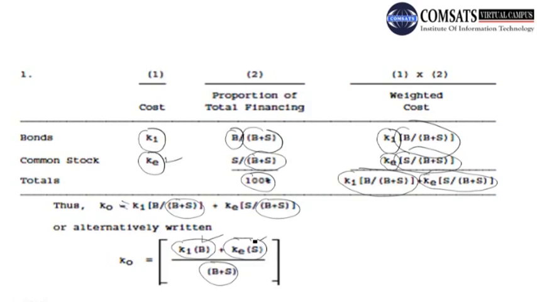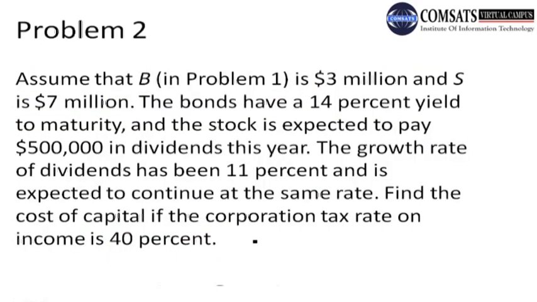And now let's go towards problem number 2. It states that assume that B, the value of the bond in the total capital structure in problem number 1, is $3 billion, and S, the stock, is $7 million. The bonds have a 14% yield to maturity, and the stock is expected to pay $500,000 in dividends.